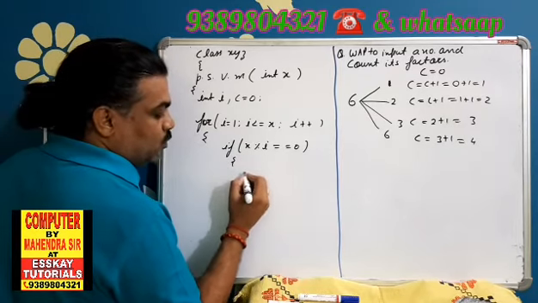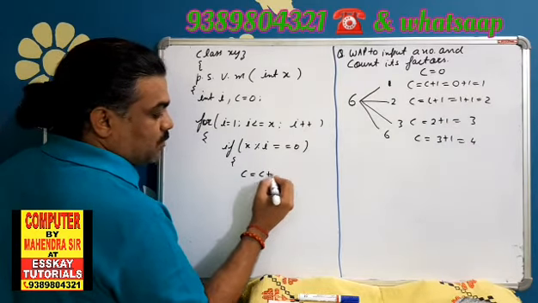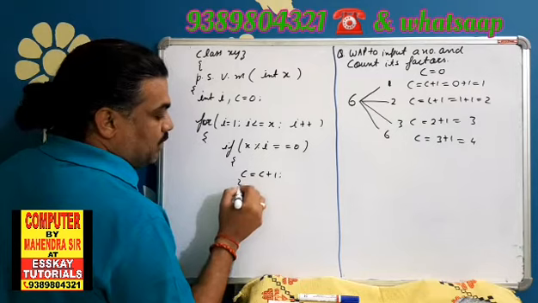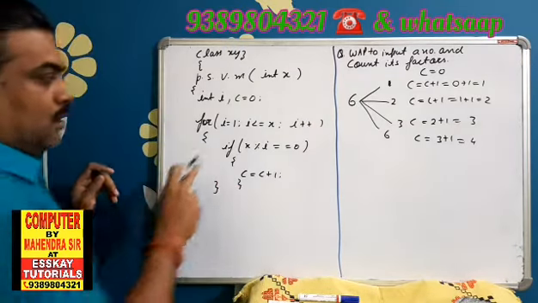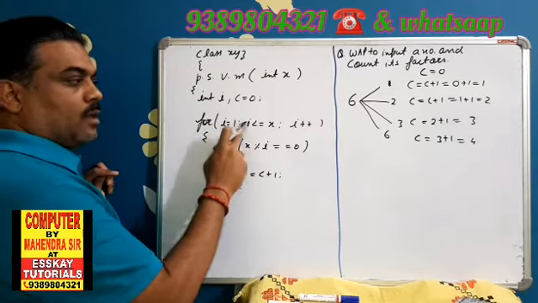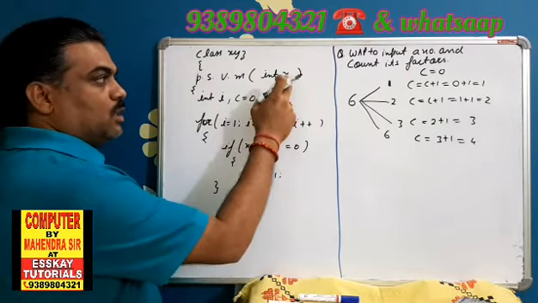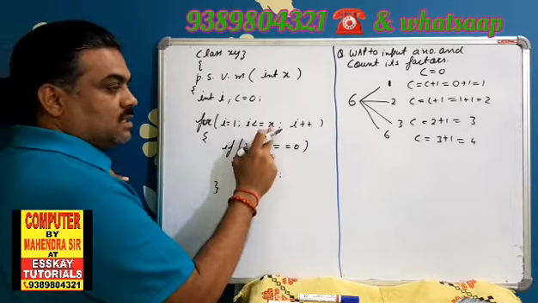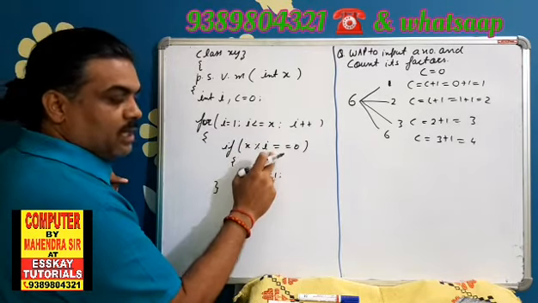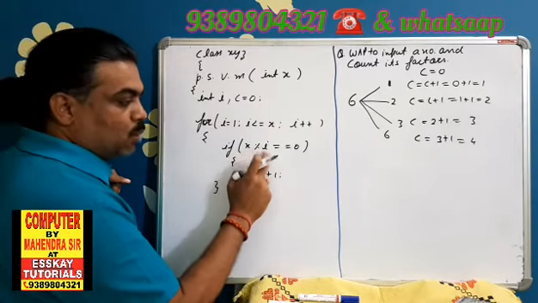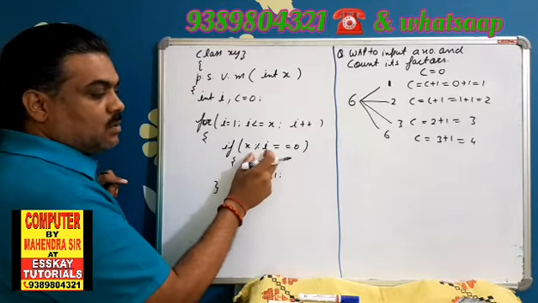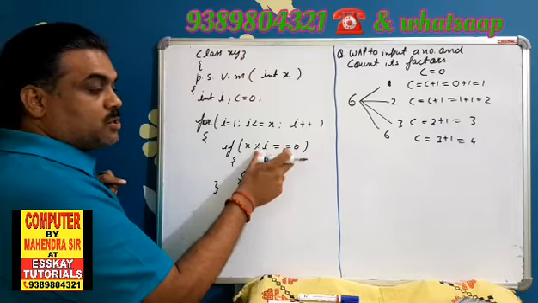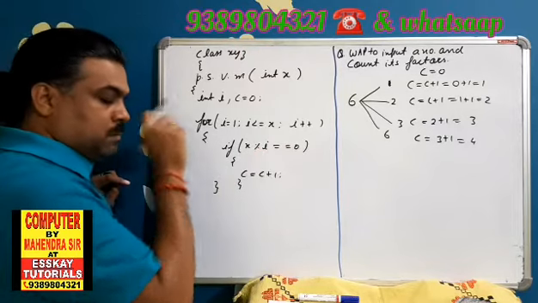So what I have to do is C is equal to C plus 1. I'll increment the value of my counter by 1. I is equal to 1, which is less than equal to X; suppose the value of X was 6. Then that's perfect. It comes down here. 6 mod 1: if I divide 6 by 1, the remainder is 0. 0 is equal to 0. This condition becomes true.